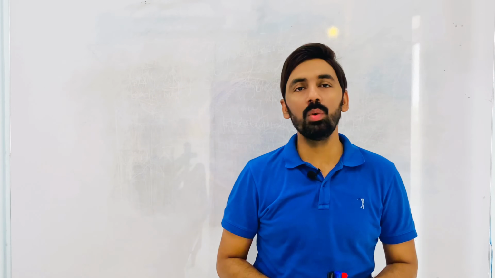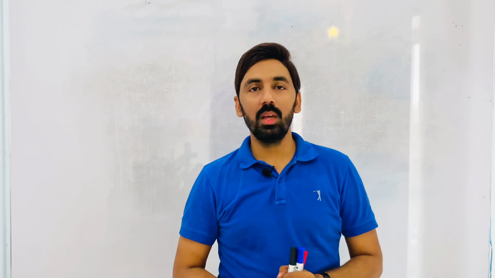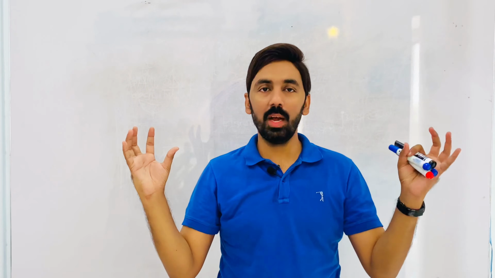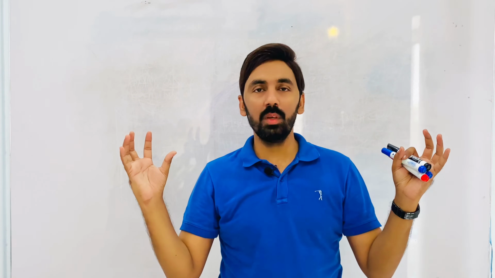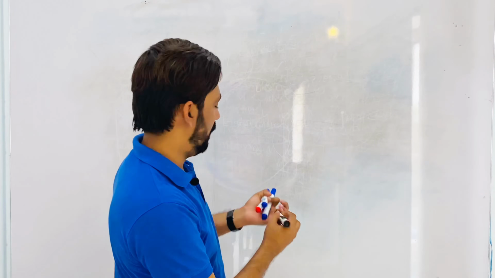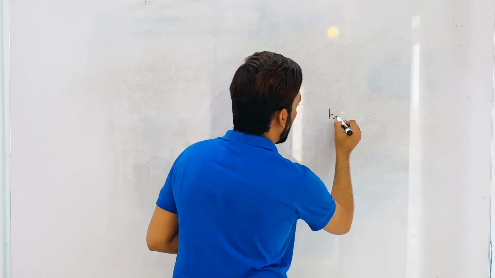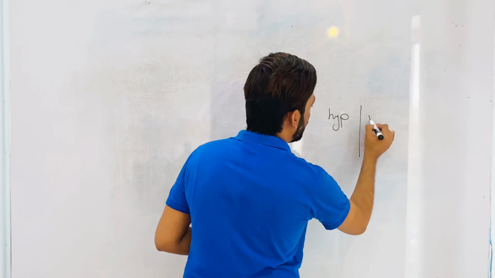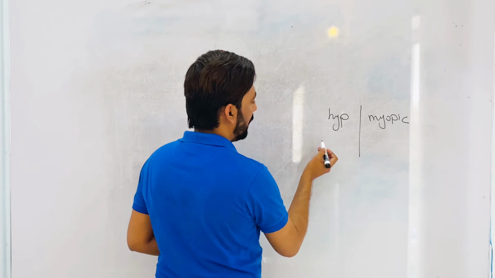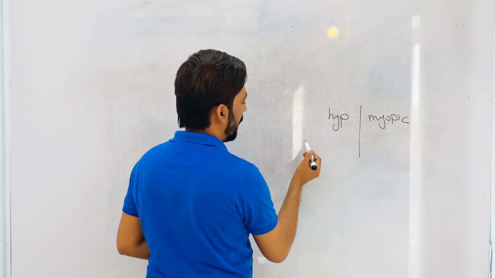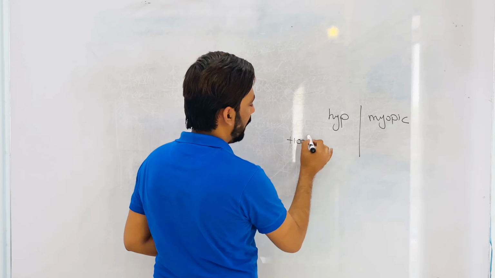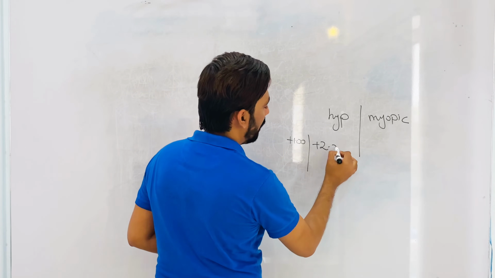And now we will discuss myopic amblyopia. If we compare hyperopic amblyopia and myopic amblyopia, remember one thing: suppose one patient is hyperopic and one patient is myopic. In hypermetropia, a patient has +1 in the right eye and +2 in the left eye.